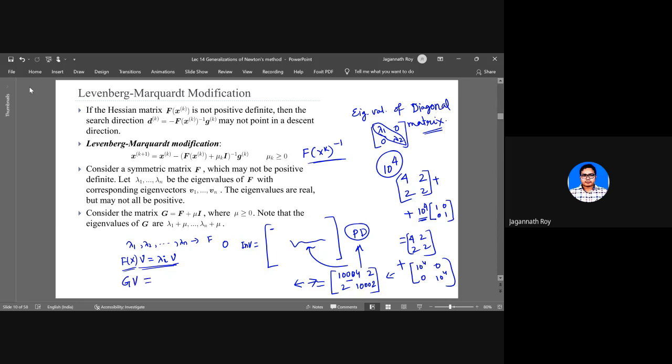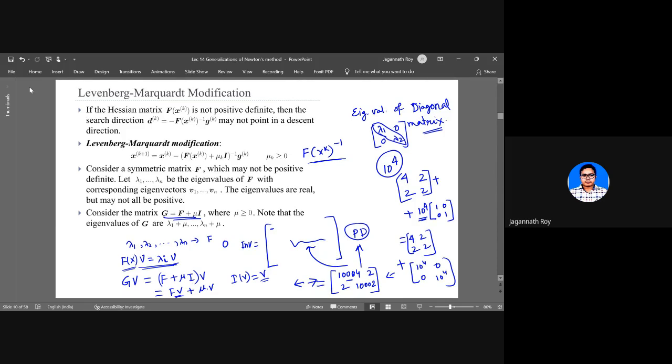We are calling g equals F plus mu into I. So F of v plus mu I of v equals F v plus mu v, because identity into a vector is nothing but the vector itself.